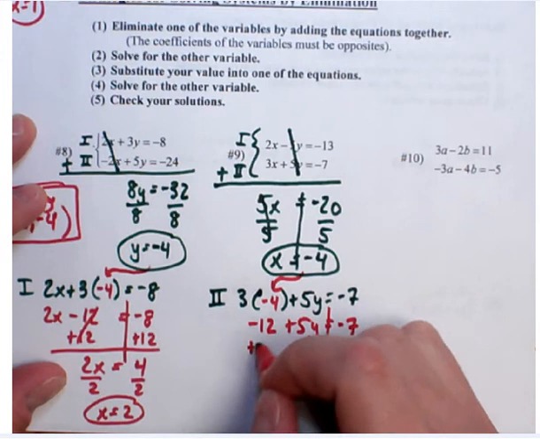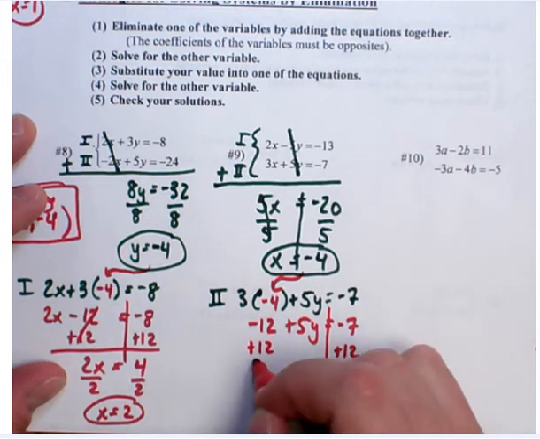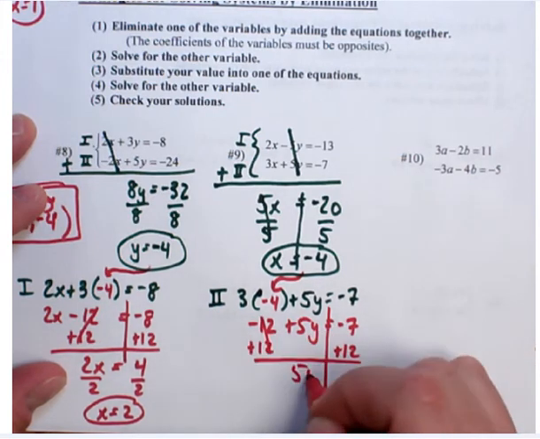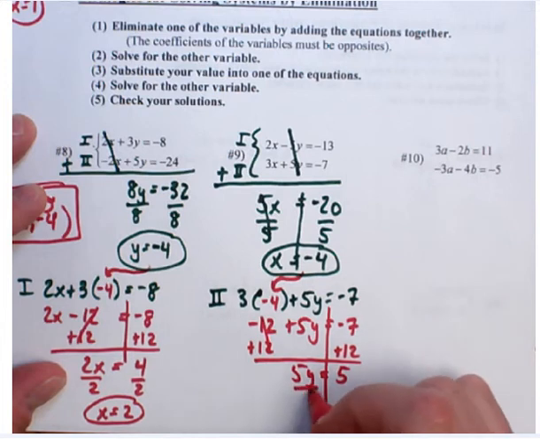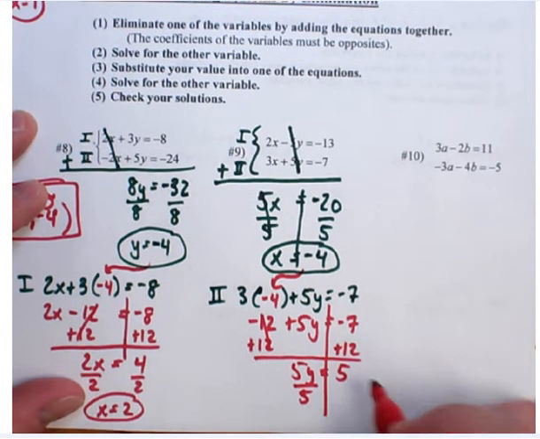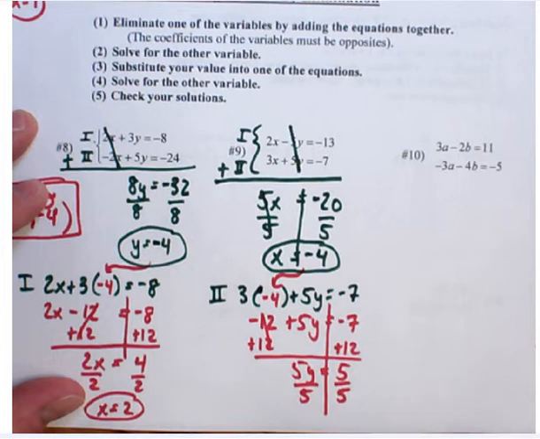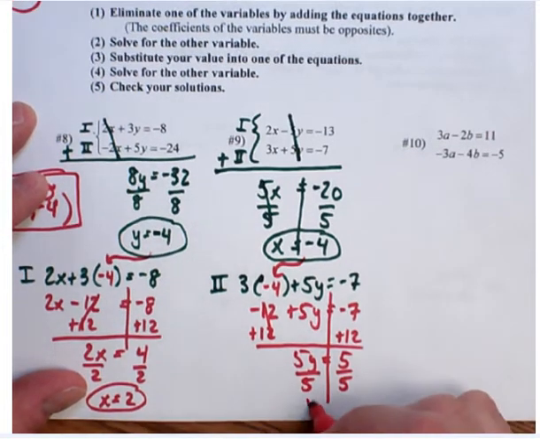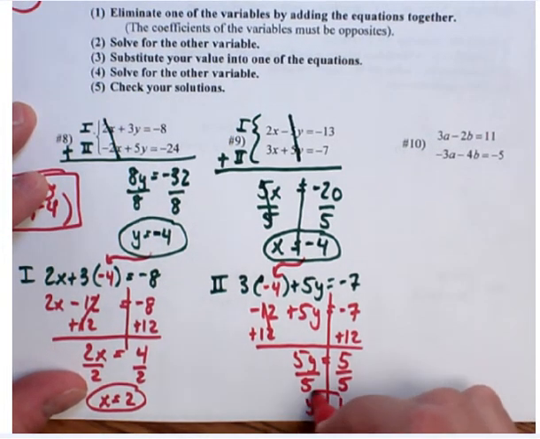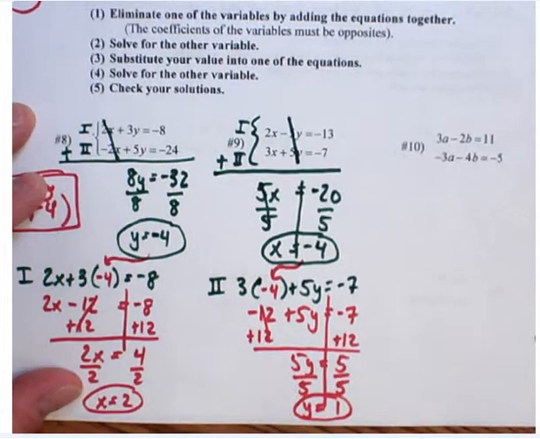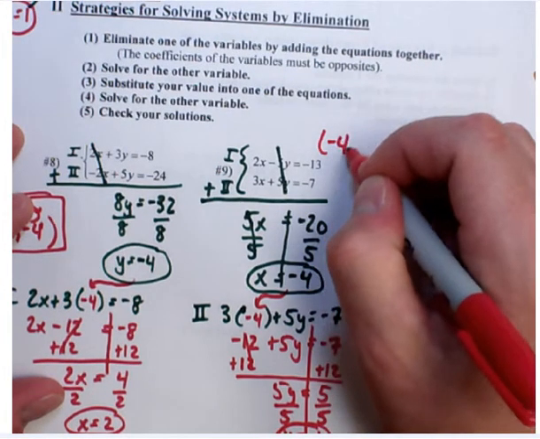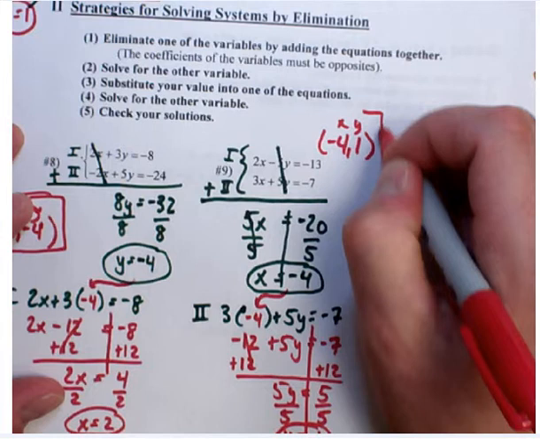We'll go plus 12, plus 12. We get 5y equals 5. Notice all the equation solving that we have to do. So we're still solving equations. We've been doing this since the first week, but we're still doing it. So y equals 1. You get negative 4 for x, positive 1 for y, and if you check it, it works.